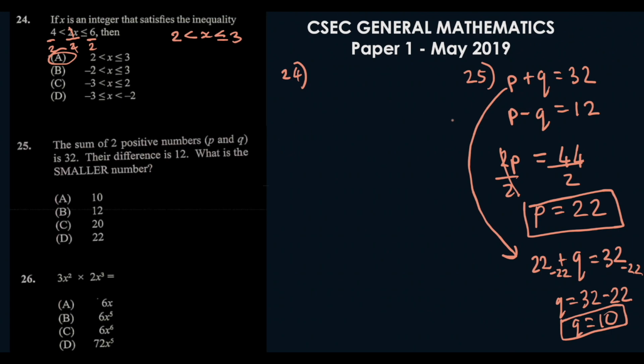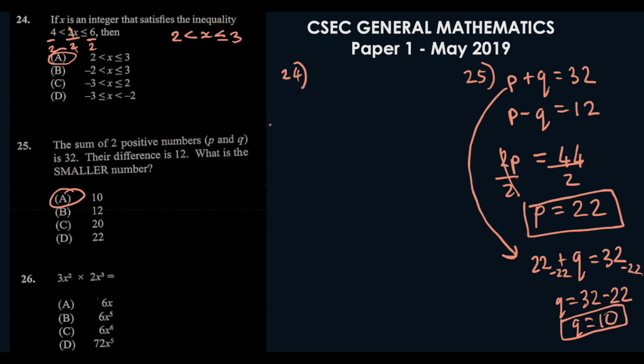So I could say that the smallest number has to be q, which is 10. You could have also done this by substituting and replacing one of these with the other one. So you make p the subject, put it into that, whatever you do to get the final answer. But I just decided to use this approach.